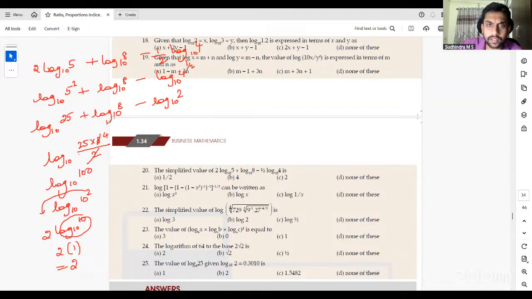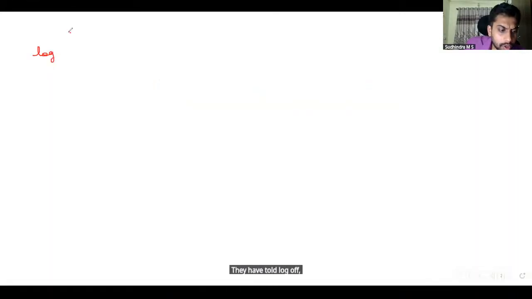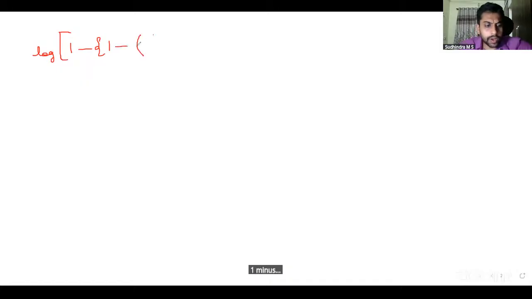Okay, fine. I think we'll discuss this. Now, what have they given us? They have given log of 1 minus, 1 minus, 1 minus x square to the power minus 1, the whole power minus 1, the whole power minus 1 by 2.